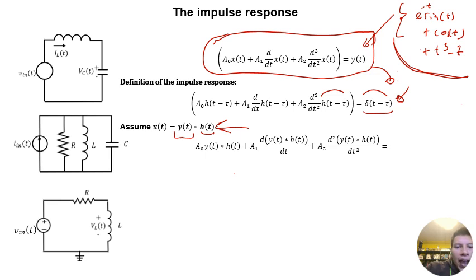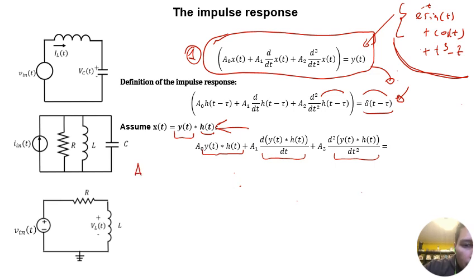So first, for x, in the first expression, I'm going to replace it with y sub t convolved with h of t, and then again replace it with y sub t convolved with h of t, and then again. So let me write out all these convolutions.